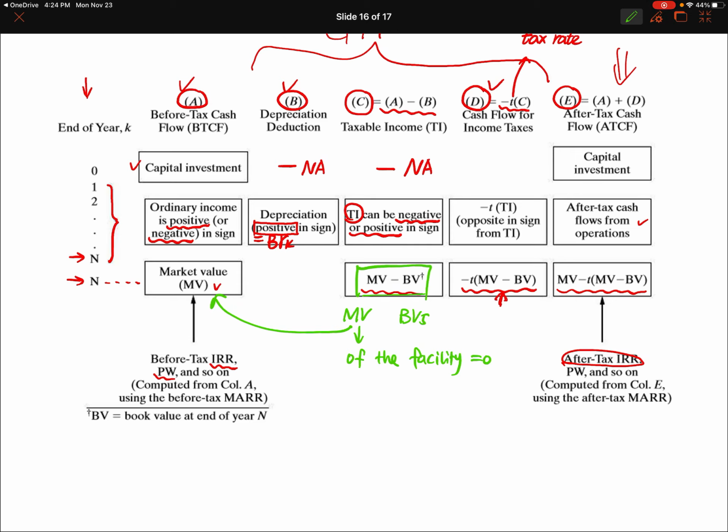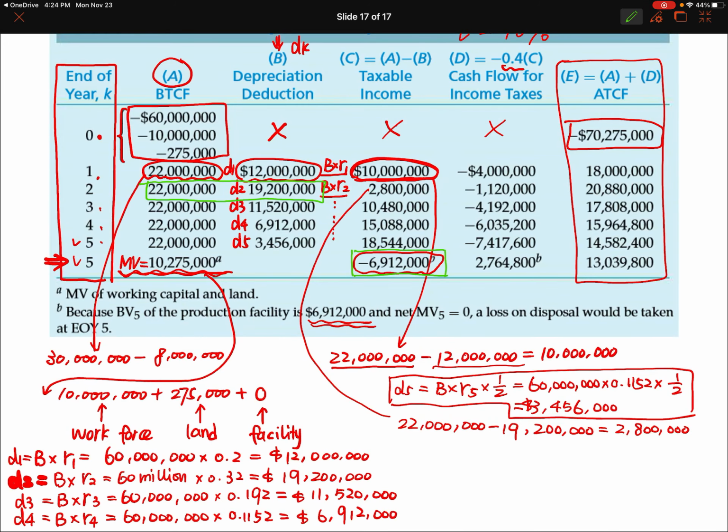Okay, so which means this cell is gonna be 0 minus BV5, and BV5 is what? BV5 is B minus D1, D2, D3, D4, and D5, which means it's B minus the sum of this whole column.